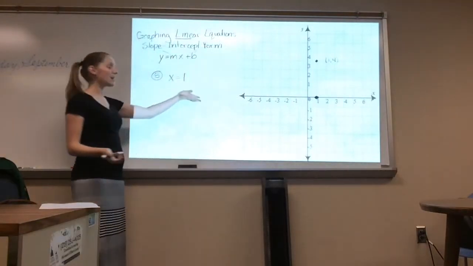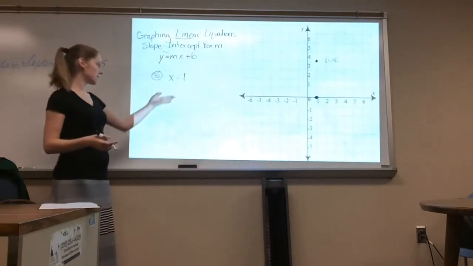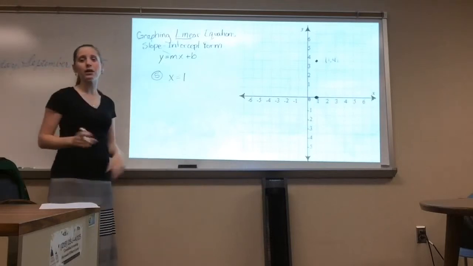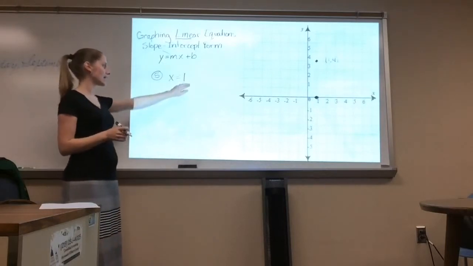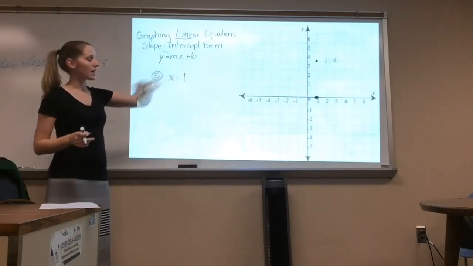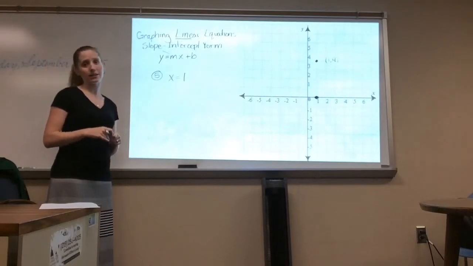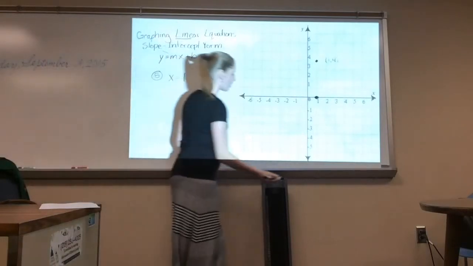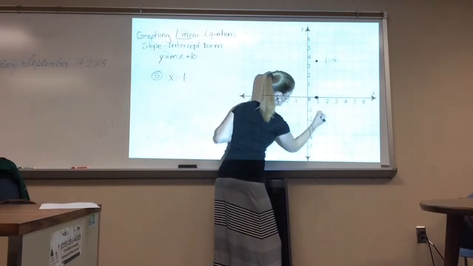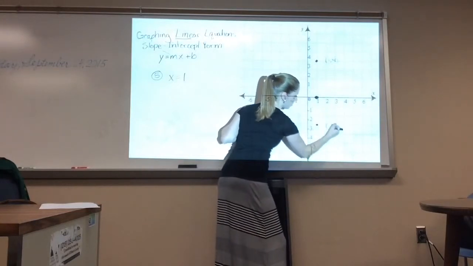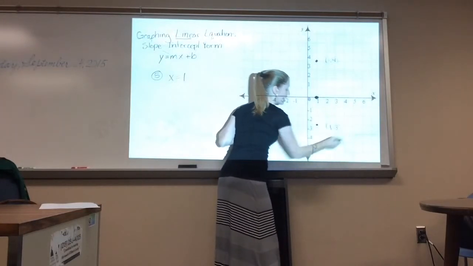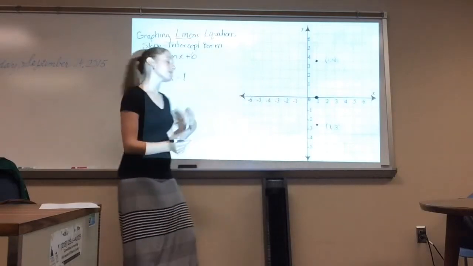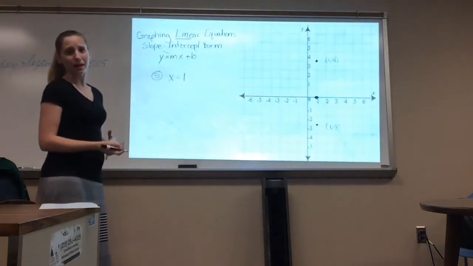But this time, I don't care what y is. It's not in my equation, so y can be whatever I want it to be. But x has to be 1. I could go all the way down here, and this point is 1, negative 3. The x coordinate is still 1. The y is negative 3, but that doesn't matter.